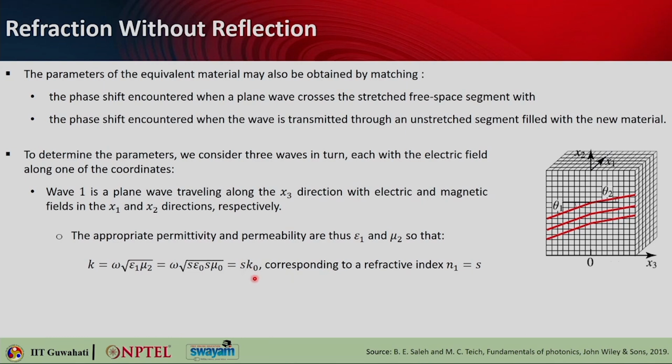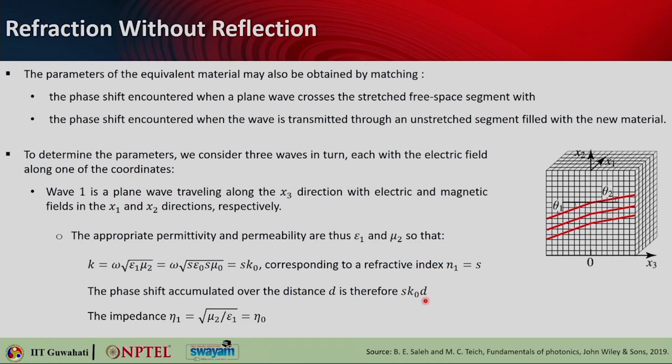Okay. Now, this implies that the refractive index is S in the n1 direction. In the original stretched material, the refractive index was 1. So, here it is S. The phase shift accumulated over the distance d can then be written as S k naught d. And you can find out the impedance.